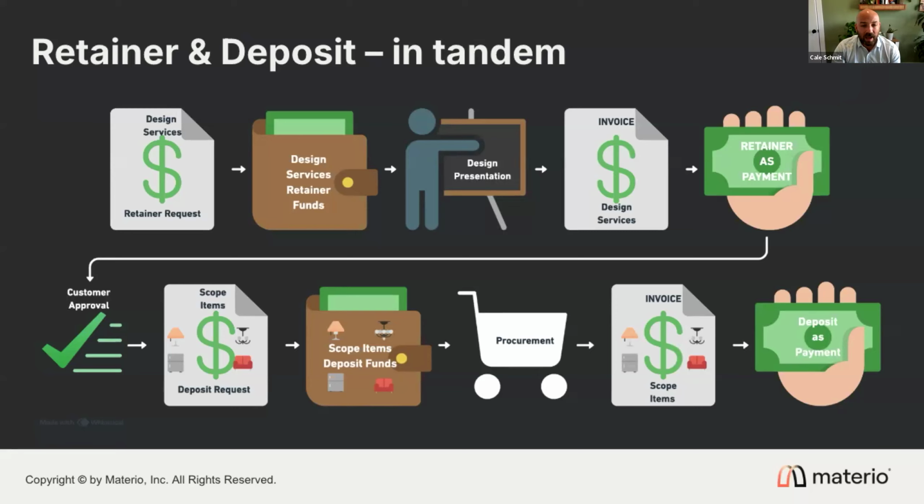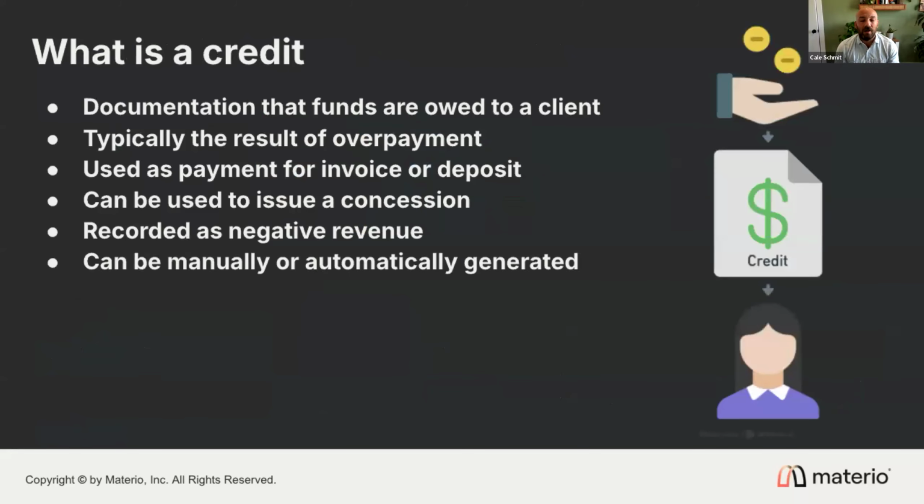And next we have the credit. So credits are a great way to make sure that we are transparent with the client on any money that is owed. We definitely recommend doing this as opposed to just moving a price down, like discounting a product.